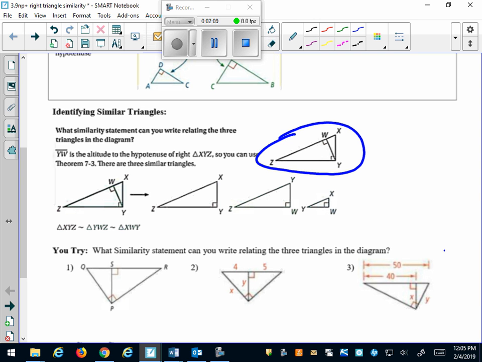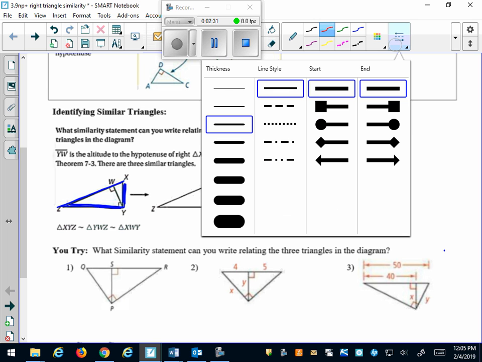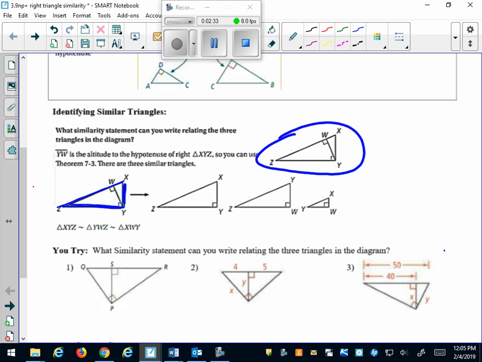The other way to think about it is to name the sides in your head. For example, in the big triangle, there's a shorter leg, a longer leg, and then the hypotenuse, right? And then in the smaller triangle, you could say the same thing: a shorter leg, a longer leg, and then the hypotenuse.